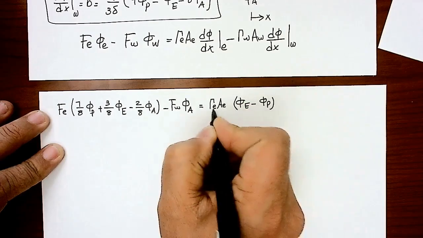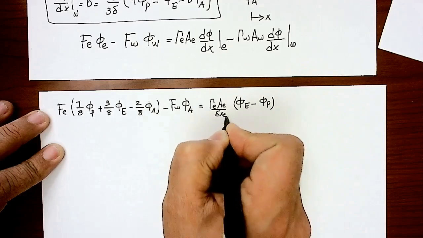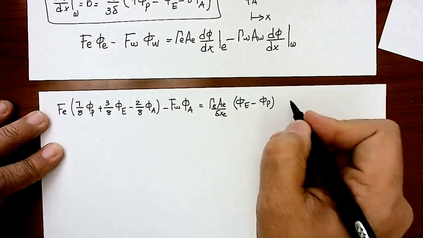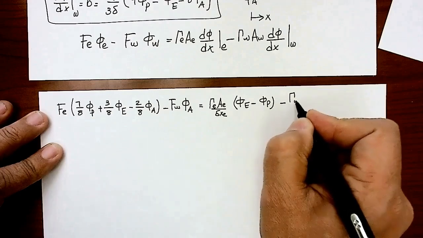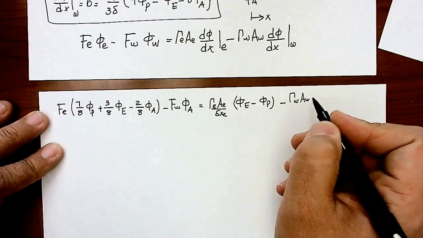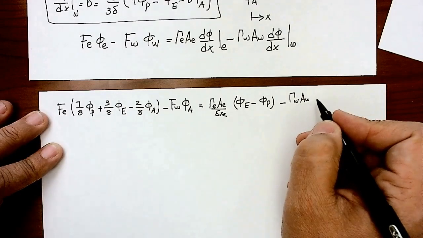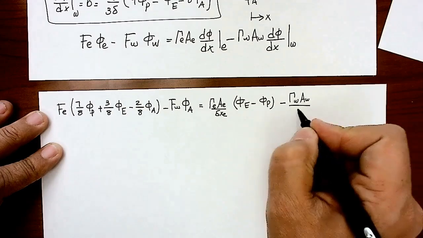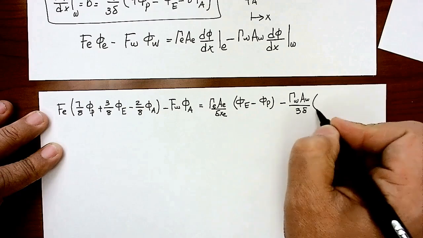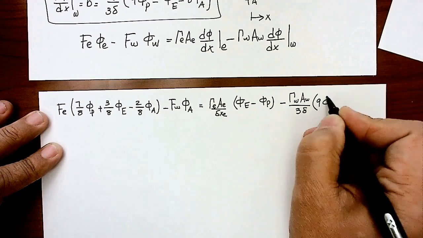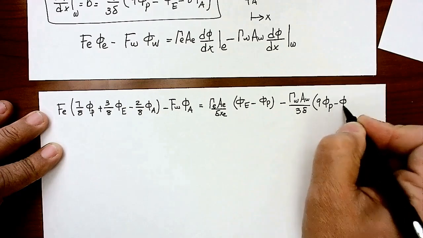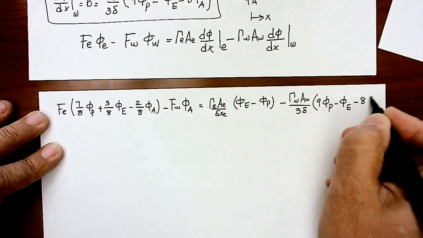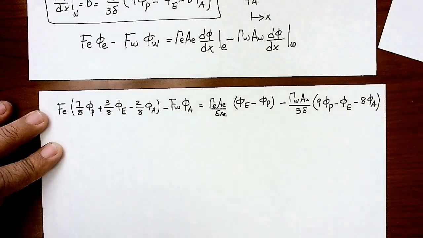I will divide by delta x east. It's going to be outside here. Then I would have minus kappa west, A west, d phi by dx on the west, which is the b coefficient that we got. So this is over 3 delta. And this will be 9 phi p minus phi east minus 8 phi a. This is the full equation.